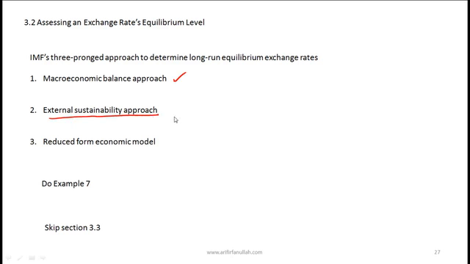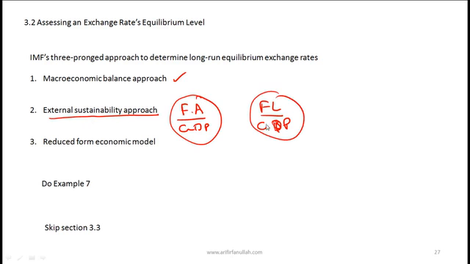External sustainability approach: the way you can think of this is that a given country should have some benchmark level for its net foreign assets to GDP, and there should be some benchmark level for net foreign liabilities to GDP. And this approach essentially says, what must our exchange rate be in order for these ratios to stabilize at the benchmark level.